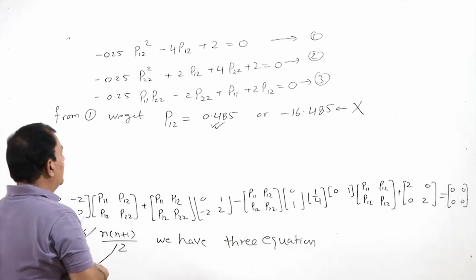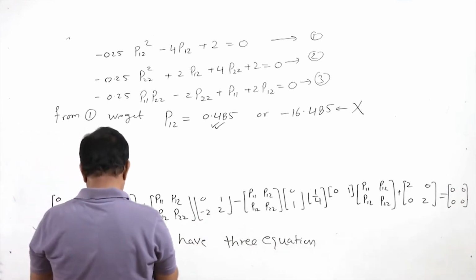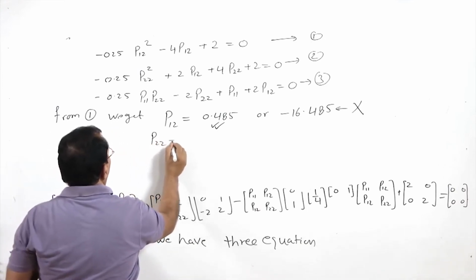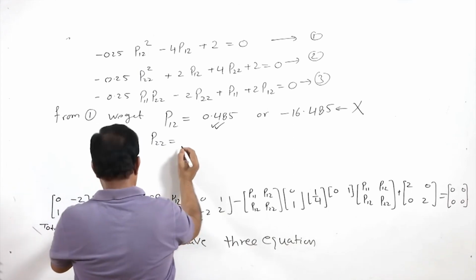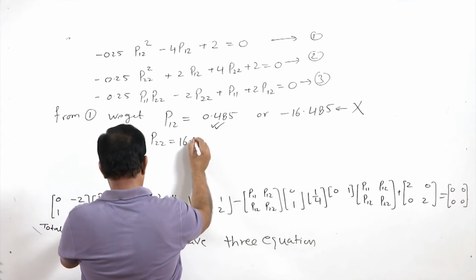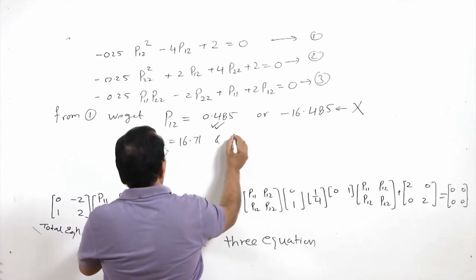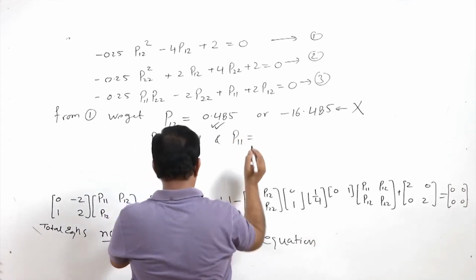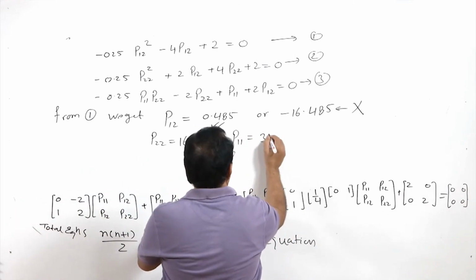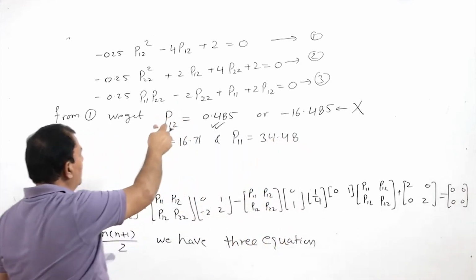With P12 to be 0.485, we got P22 as 16.71 and P11 as 34.48. So, you can solve these equations.